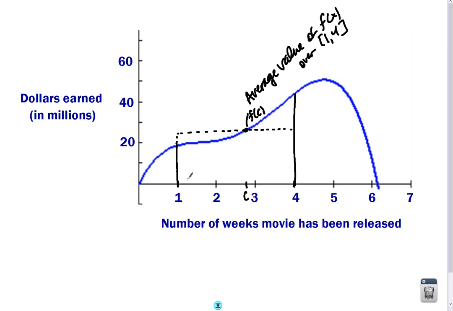How crazy is that? Okay, so we know that to be true, but the question becomes, how do I determine what f of c is?